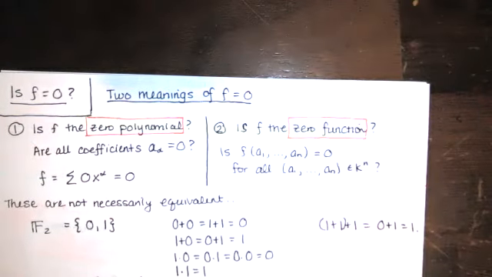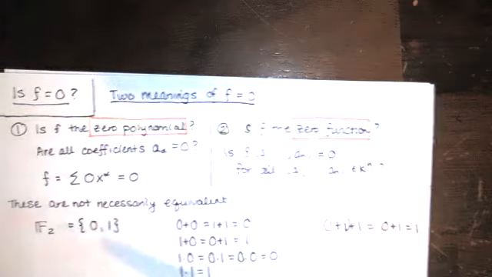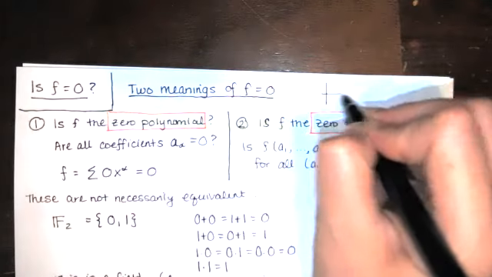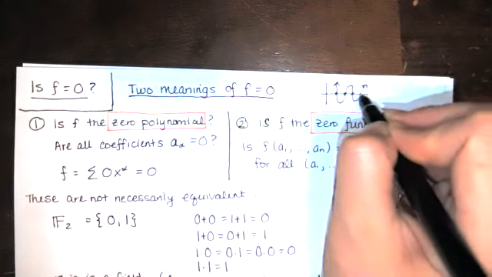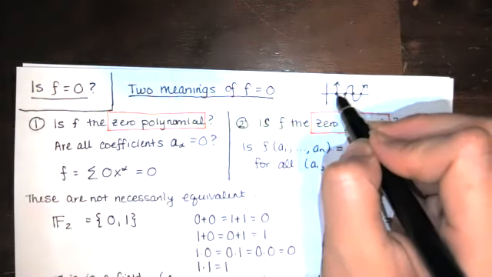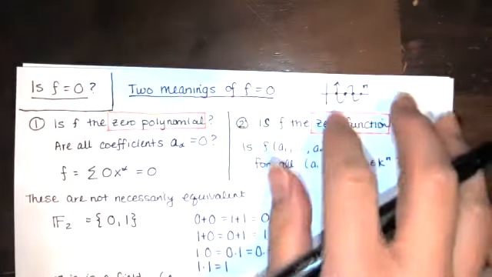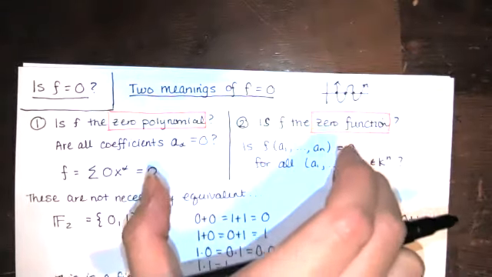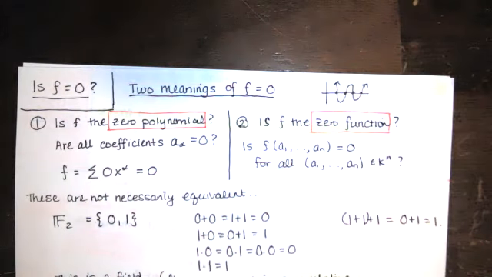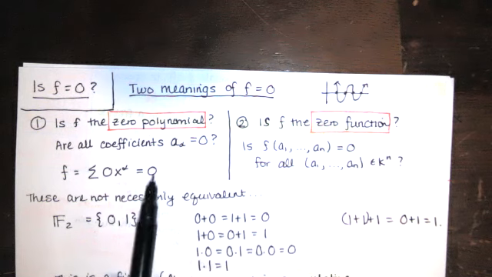So these are not necessarily equivalent. Now, of course, there's a third definition of is f equal to 0. We might be saying is f equal to 0 for a particular value of x. Well, it is equal to 0 at these values, but we're not concerned with that here. These two are something that we tend to think of as interchangeable, because being the zero polynomial and being the zero function are exactly the same in the real number system.